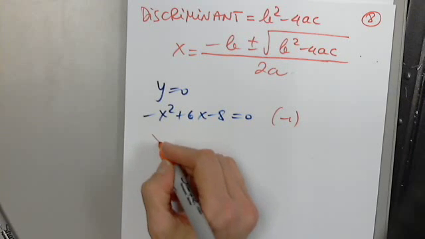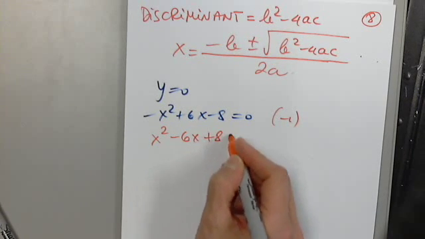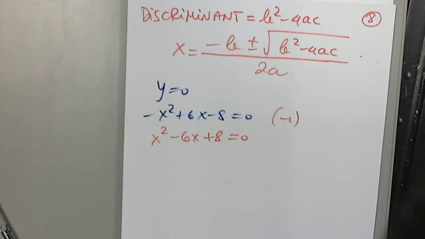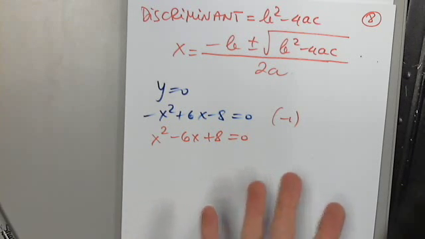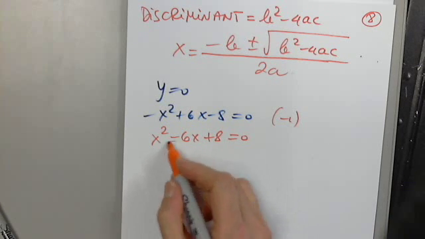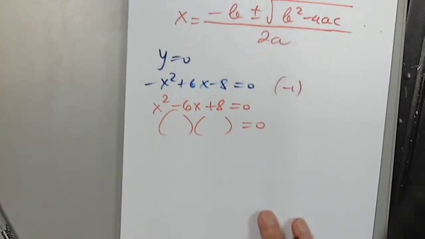I won't. So x squared minus 6x plus 8 equals 0. I have 4 methods of solving quadratic equations. Which one will I choose? Completing the square? Of course not, ever. Okay, can I take the square root? No. So I will always attempt to factor.